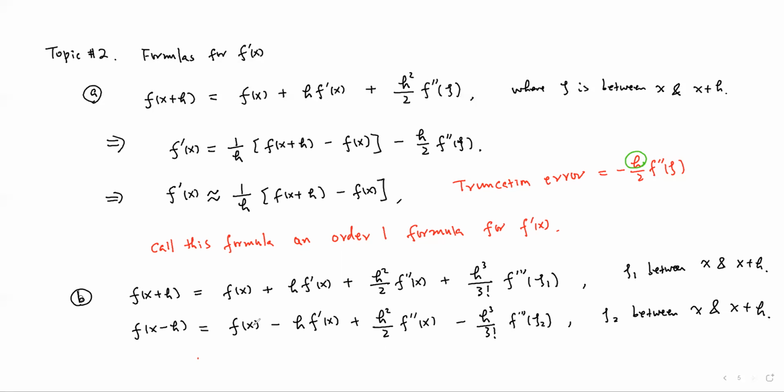Now I subtract the second equation from the first equation. Then I cancel f of x, and also I cancel the third term.